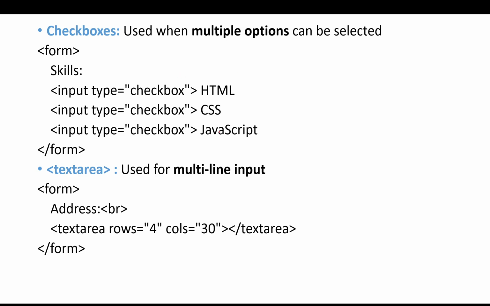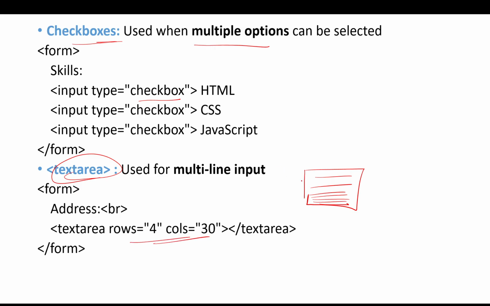And the checkboxes and text area here. The checkbox allows multiple options, so the input type is checkbox. And the text area, whenever we want to enter multi-line inputs like an address, we use the text area. The text area can have a number of rows and columns because we can enter a number of rows and columns.